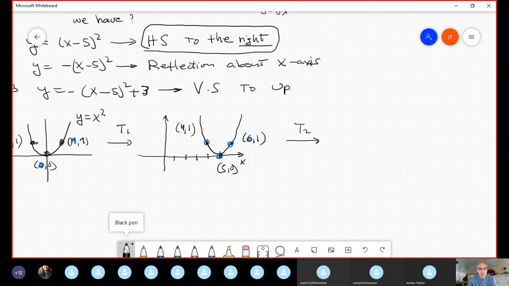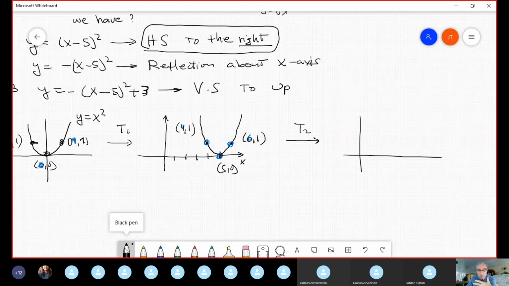So the transformation number 2 is the reflection. And the reflection is super easy. Of course, you apply the transformations sequentially. This is the original. You apply transformation number 1. After transformation number 1, you apply transformation number 2. No, not going back to the original, of course not. You apply in sequence. So now change the sign of the y, that is reflection. This is 1, 2, 3, 4, 5, stays the same, (5,0).